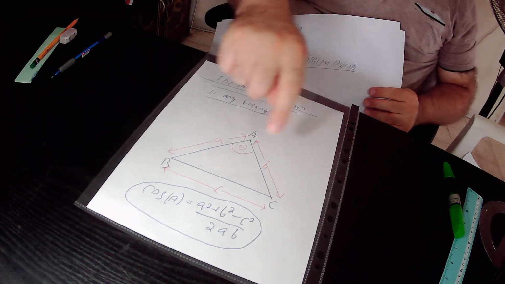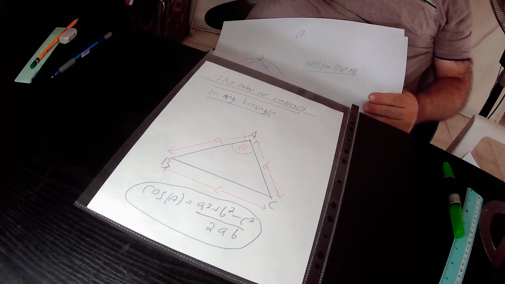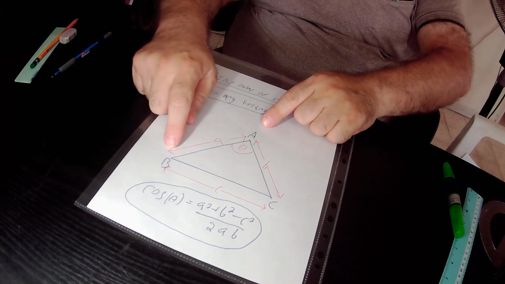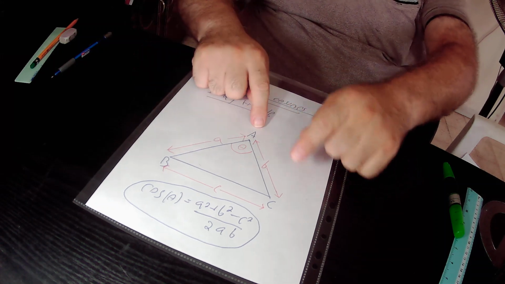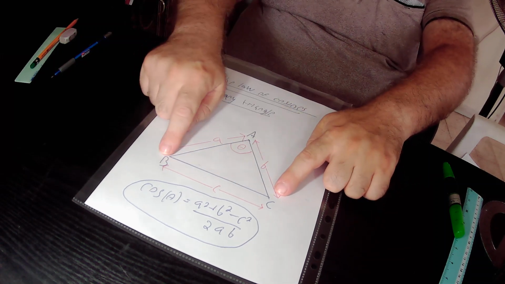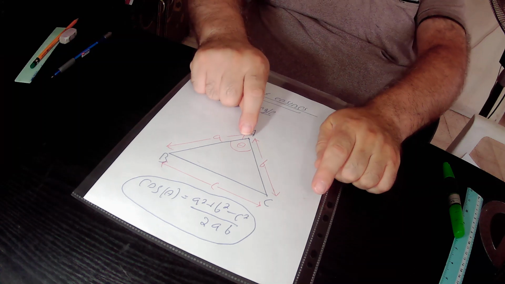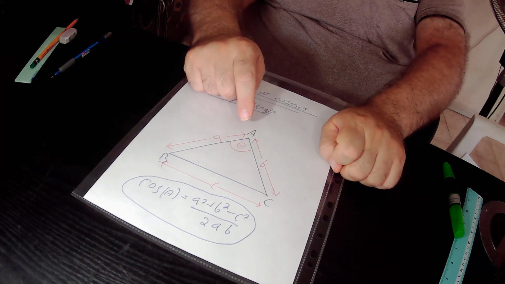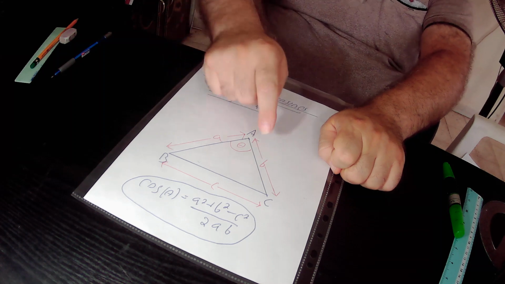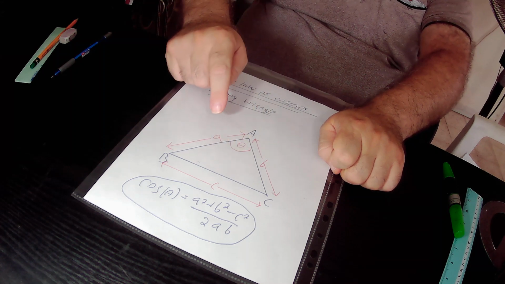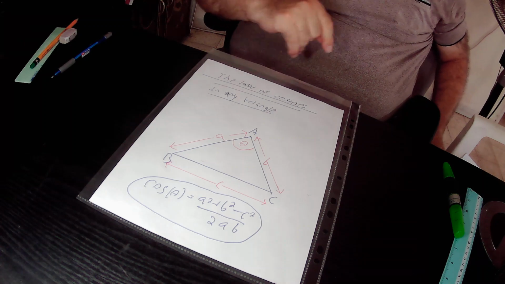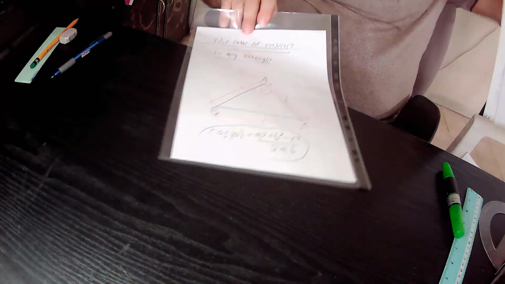This is triangle ABC, side AB equals C units, side AC equals B units, side BC equals A units, and this angle is theta. According to the law of cosines, cosine theta equals A squared plus B squared minus C squared over 2 times A times B.